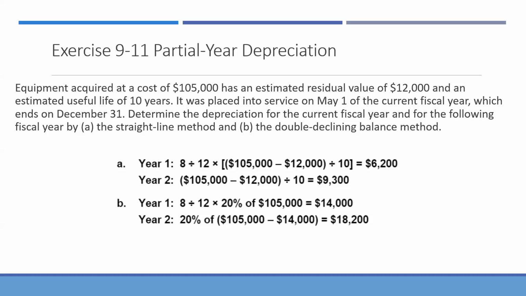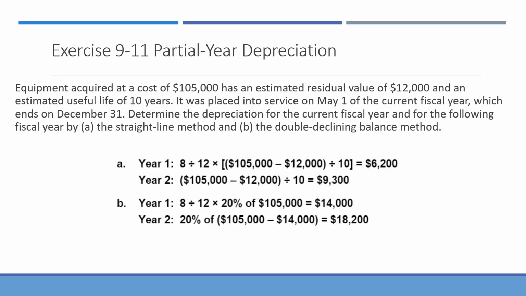That's our annual rate. And then we have to divide by 12 months to get the monthly rate and then multiply by 8, and then we get 6,200 in depreciation in the first year. And in the second year, we're only using our annual rate of 9,300 per year.